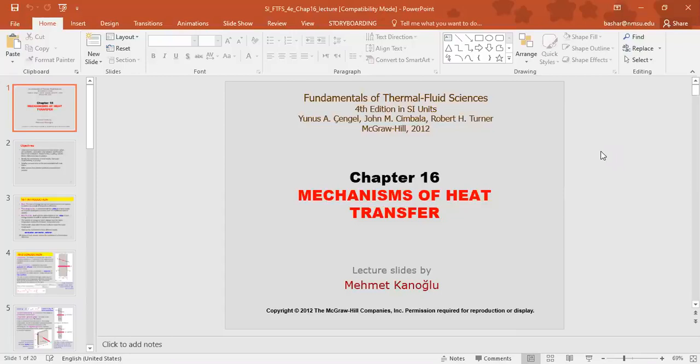In chapter 16 we will talk about the different mechanisms of heat transfer. In the thermodynamics or the fluid mechanics parts of this course, we talked about heat as thermal energy. We talked about the direction of heat transfer, and also about heat as a quantity, whether in its energy form, rate of energy form, and so on.